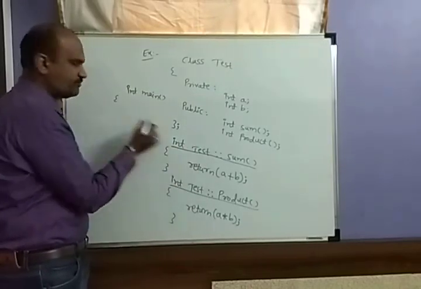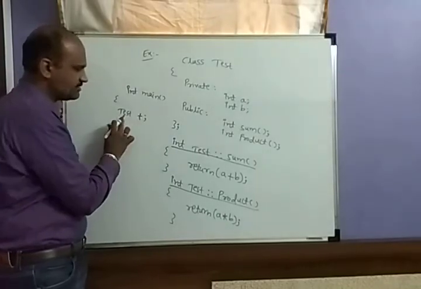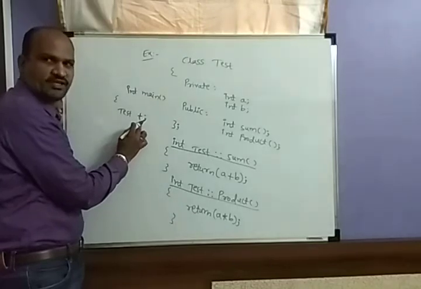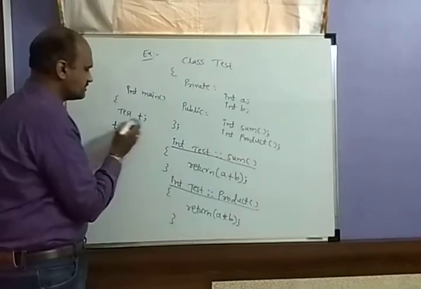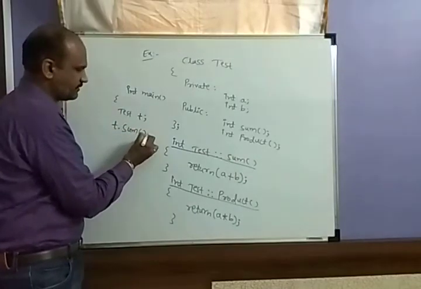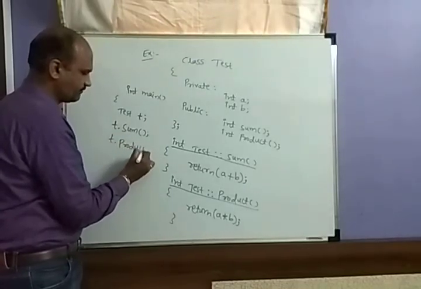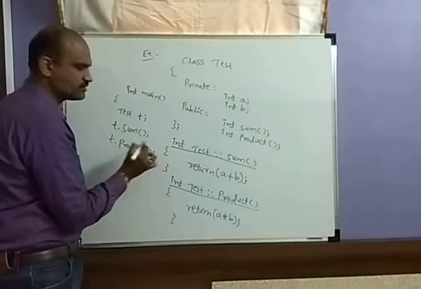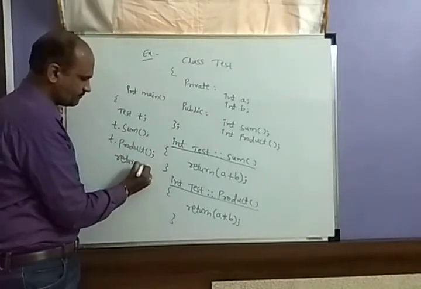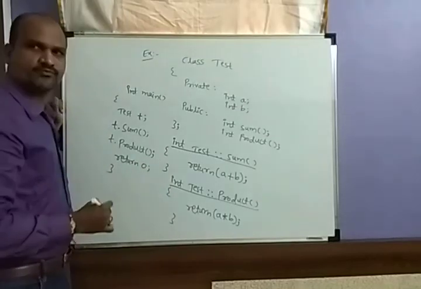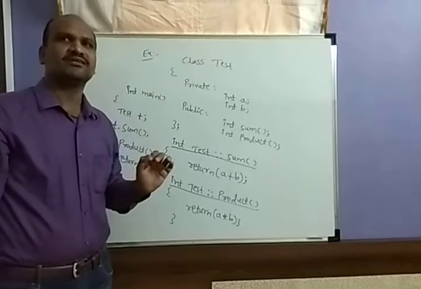You have to create one object using the class. The class name is Test, and the created object is T. So we will access T dot sum, and the second function, T dot product. You can access these 2 functions in the main function. Then return 0, close.